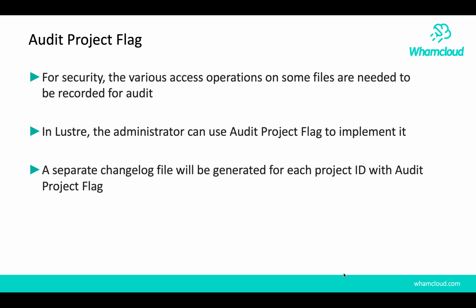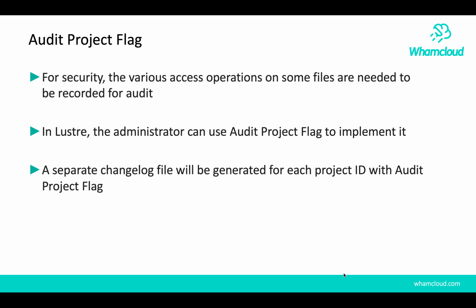The project flags can also play a role in the security field. If some kind of files need to be audited, the audit project flag can be used to generate access logs for these files.